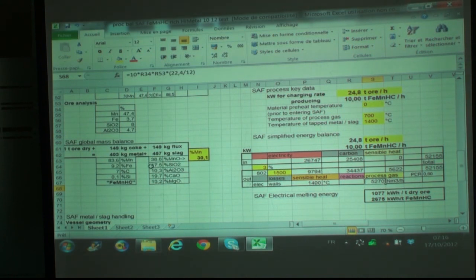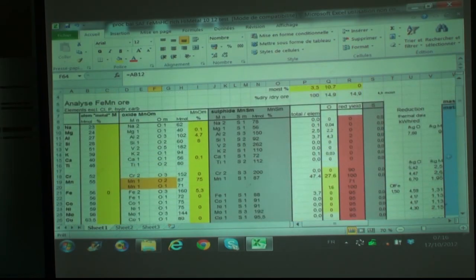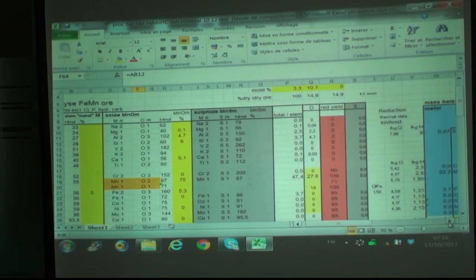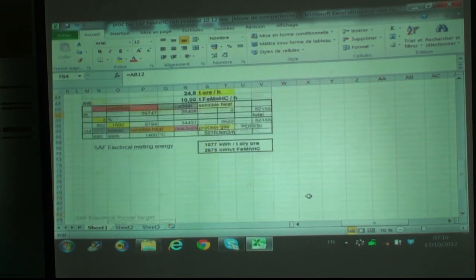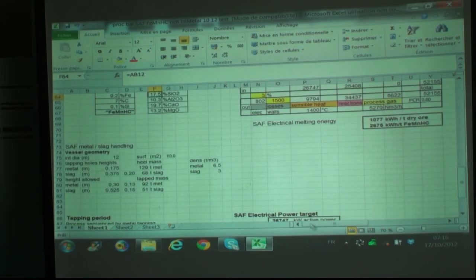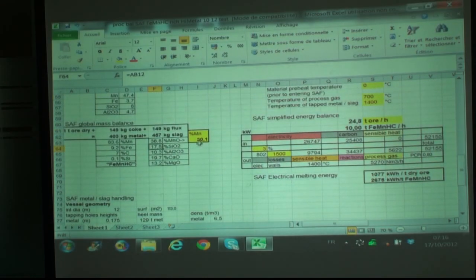Just you see, it's just the same as what is here. Of course, you understand, this mass balance is not another calculation. It is just taking over the values from above.